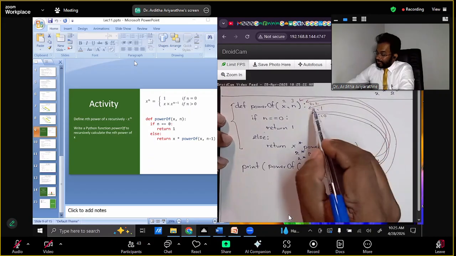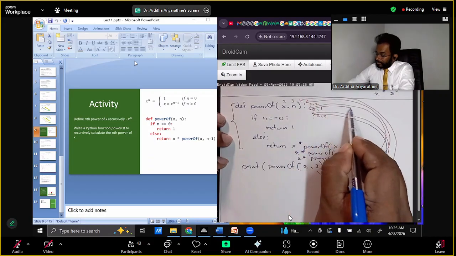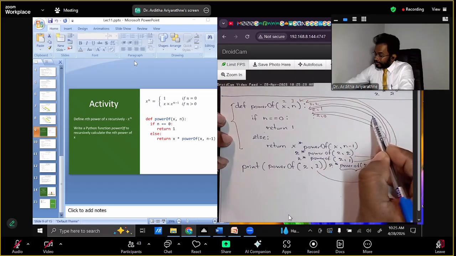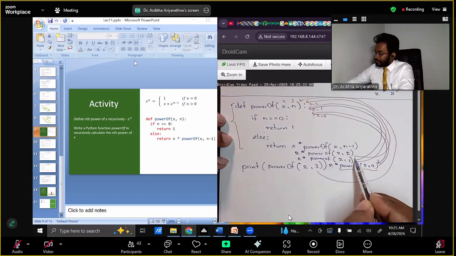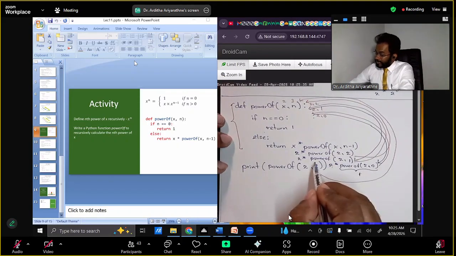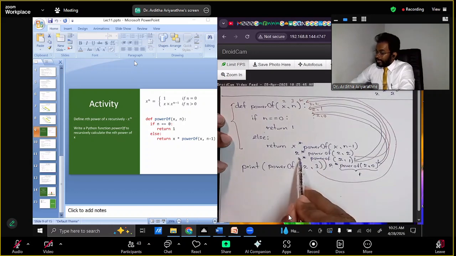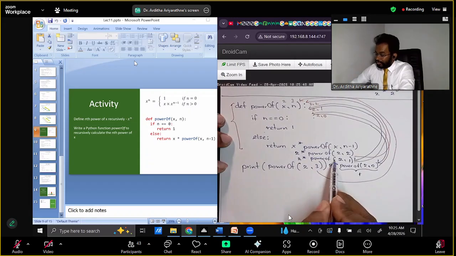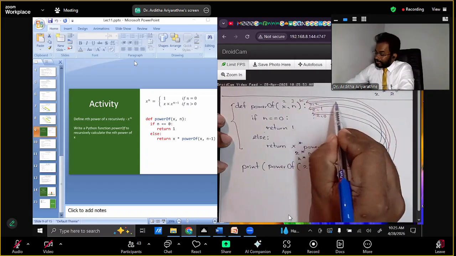So we are returning through the next line, like this. Then we come to this point. Now we know the answer for this part is 2. Then 2 multiplied by 2 is 4. So we are returning through this line, like this.